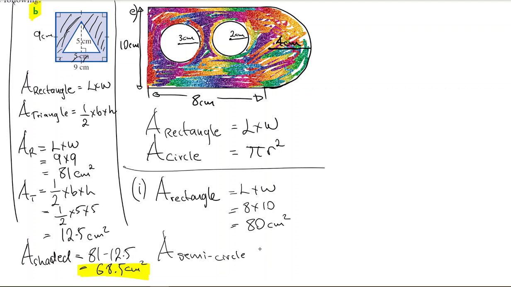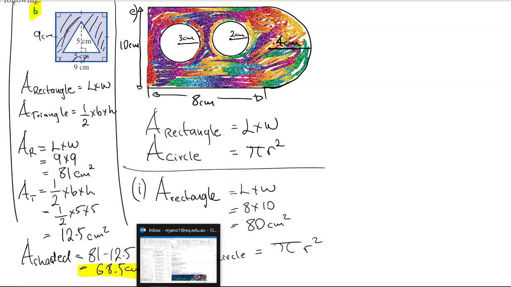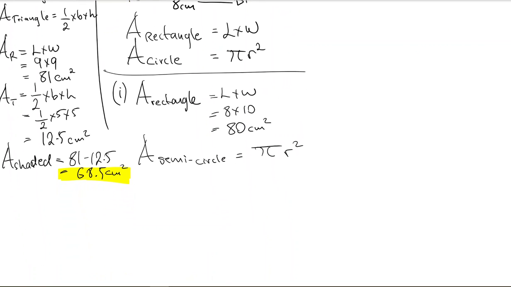The area of a whole circle would be pi r squared, but I have to divide that area by 2 to get the semicircle. So I've got pi times 4 squared over 2, which is 50.27 centimeters squared.